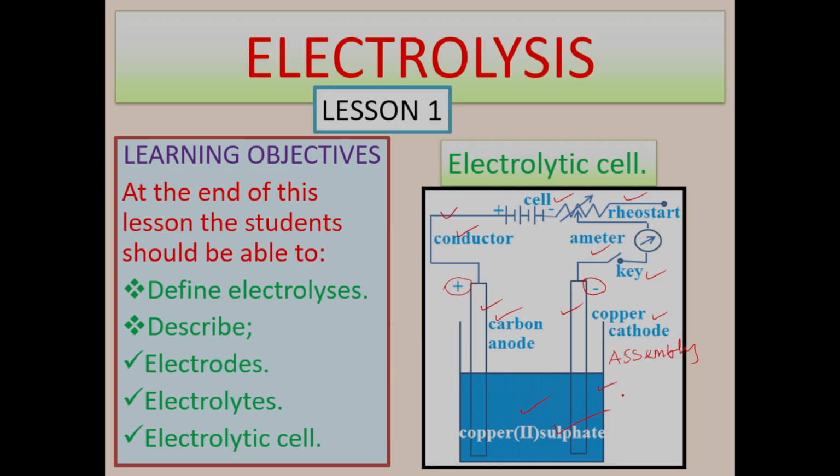And that circuit is what we refer to as a cell, electrolytic cell in particular. The assembly of the electrode, electrolyte, and conductor in a container to make a circuit. So that is the electrolytic cell.